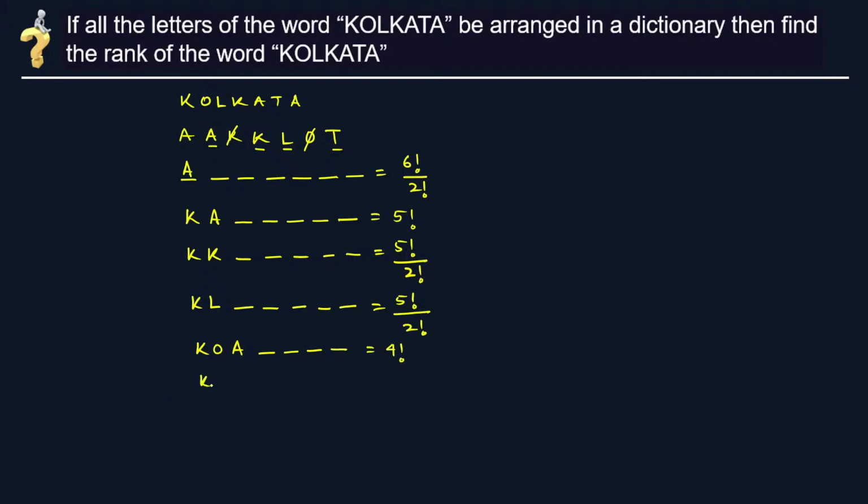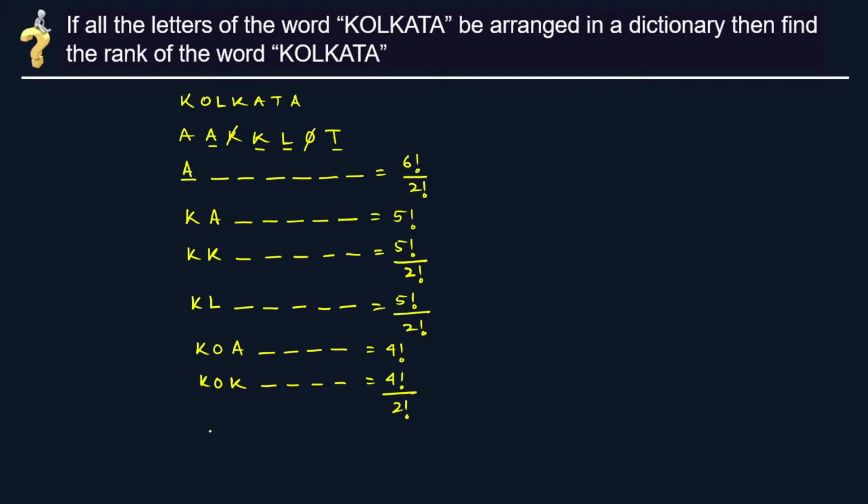After that, after A, it will take the word K. Is it clear? After A, alphabetically it will take K. So now we are again left with 4 places. But here, now 2 A's are available. So these 4 places will be arranged in factorial 4 divided by factorial 2 different ways.